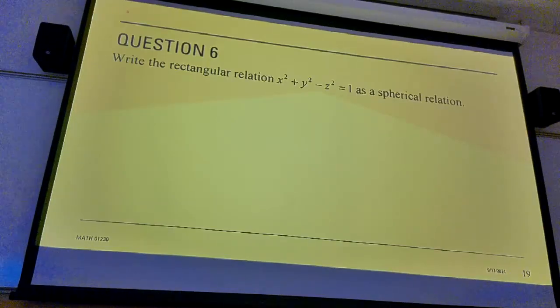What is x? What is it? Wrong coordinate system. What is y?